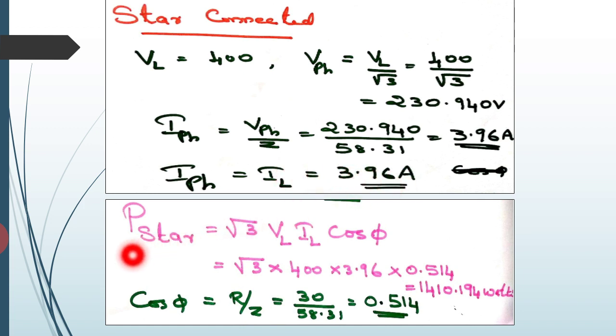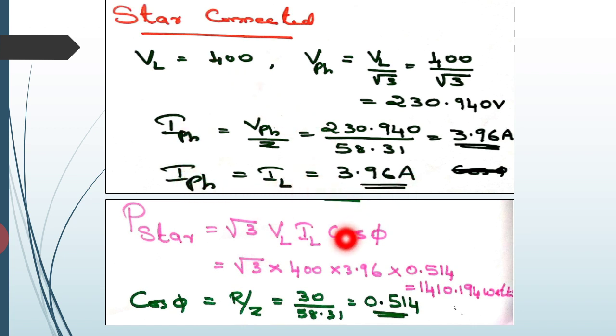Then we have power as P star equal to root 3 VL IL cos phi. This power is power consumed by load or useful power. That is root 3 VL IL cos phi, where VL is given as 400 and IL is 3.96.